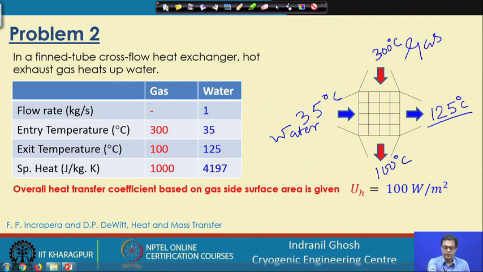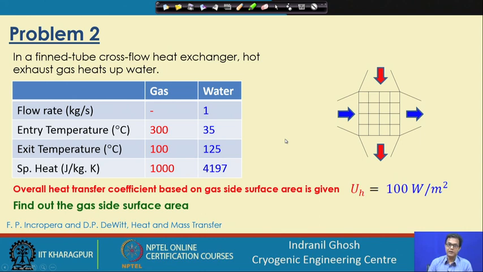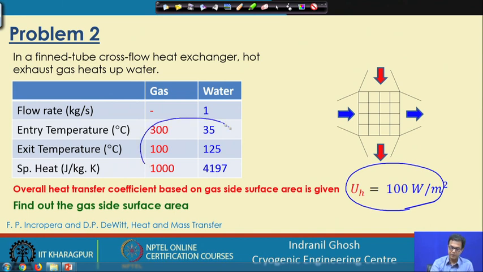So, what we need to find out is the gas side surface area. The problem statement is like this. We have been given the overall heat transfer coefficient, we have all the temperatures known, we have the specific heats known, and we need to find the gas side surface area. So, for this problem, let us try to see how we can proceed.